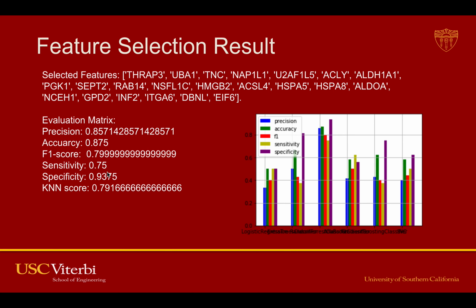The reason we choose random forest is that sometimes a logistic regression model will give a better result if the features are selected using recursive feature elimination with a logistic regression model.